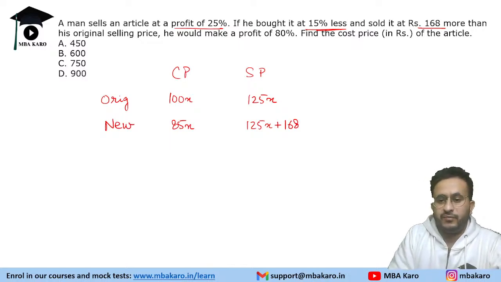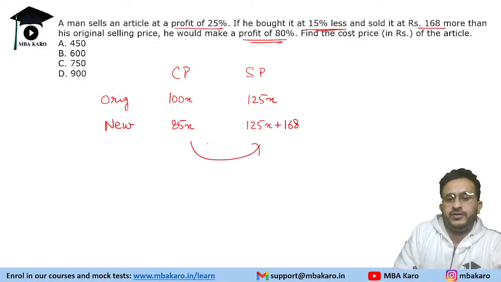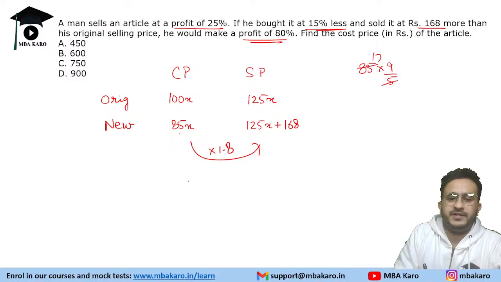Okay, and what is given is that it is a profit of 80%. So can we say that it is into 1.8 because profit is 80%? So 85 into 1.8, or you can say 9 by 5, is 153x, equal to 125x plus 168, right?